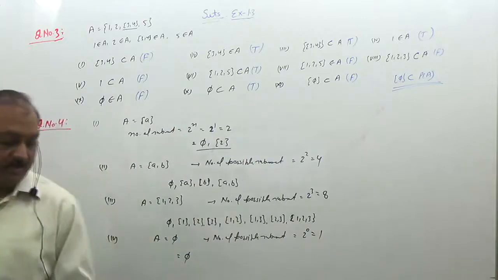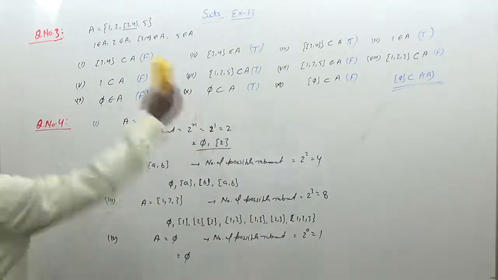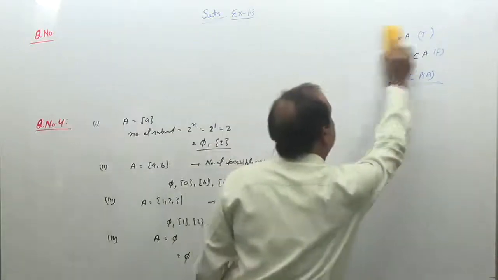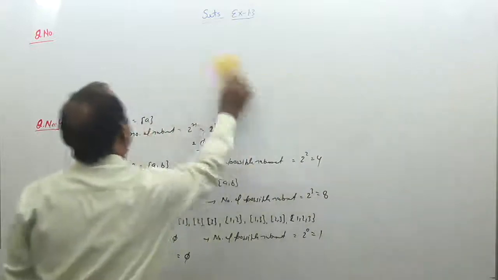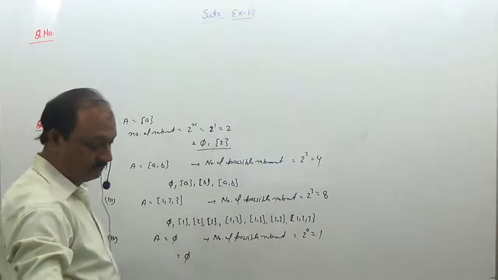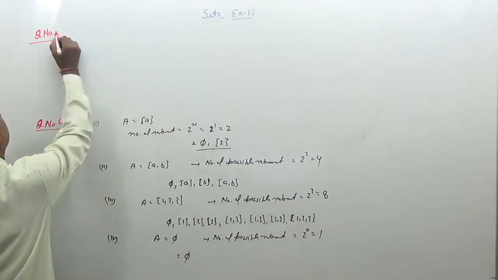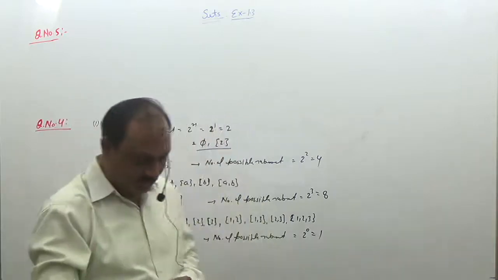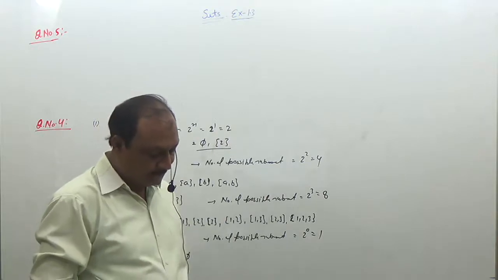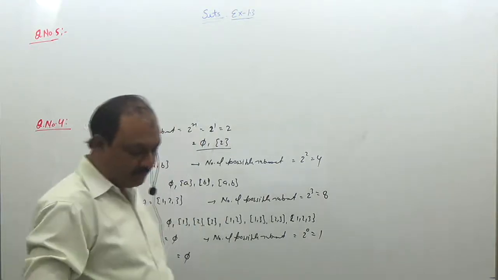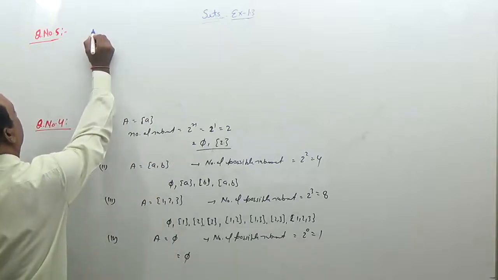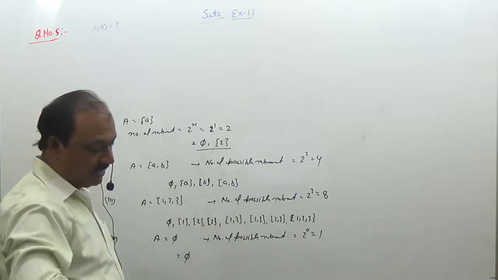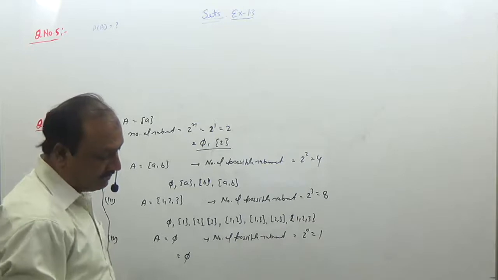Next is question number 5. Question 5 is: how many elements does the power set of A have? How many elements will be in this power set, where the set A is an empty set.